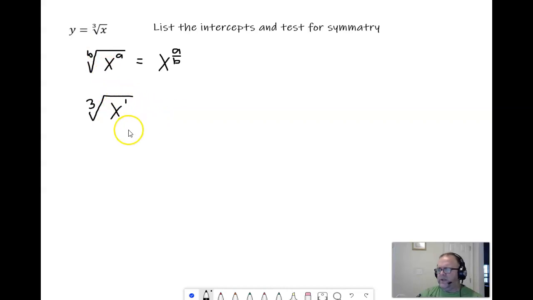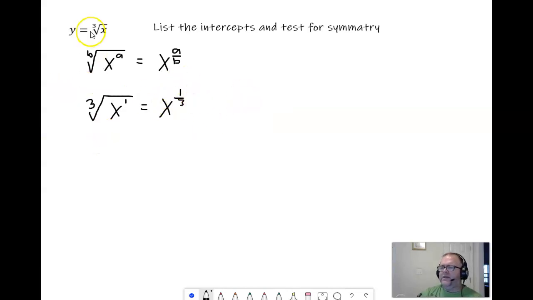I'm going to put the 1 in there just to make it easier. Then this becomes x to the, hold the 3, bring it around under the 1, x to the 1/3. So these two expressions are equivalent, and we usually like to use the exponential form when we're doing math problems. It makes it easier to add exponents and do other things as well.